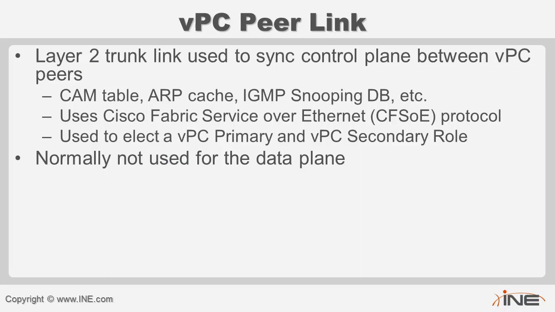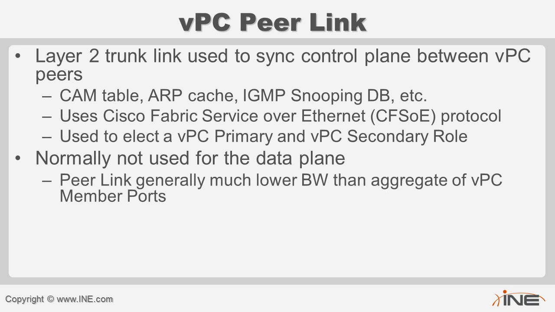Now, a key point about the peer link is that it is not used in the data plane. So it is mainly used just for the control plane synchronization between the devices. And the reason that this is so important is that the aggregate bandwidth of the peer link is generally going to be much lower than the aggregate bandwidth of the actual member ports.